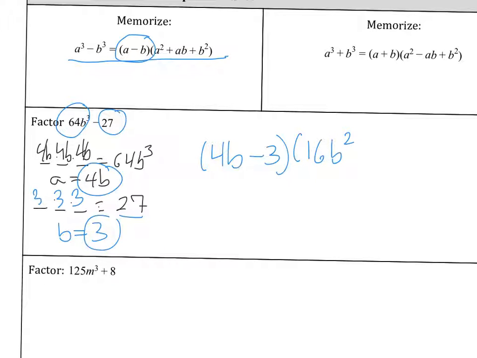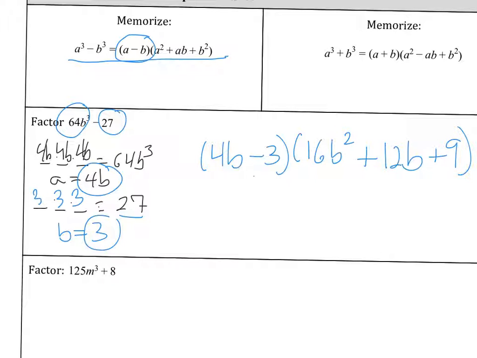Then the sign will be the same. No, excuse me, the opposite. Opposite sign is going to be a positive. And then we're going to multiply those together. So that's 12b. And the last one's always positive, and it's going to be this guy squared, which is 9.